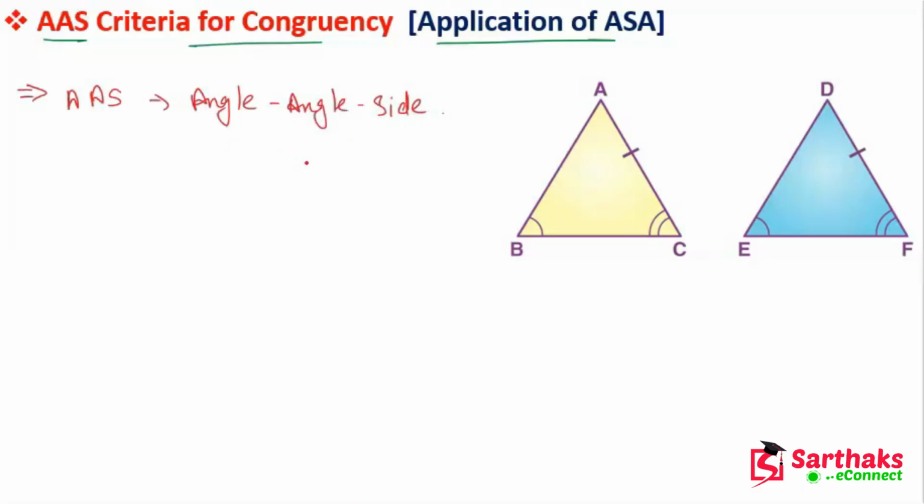So when two angles and a non-included side of a triangle are equal to the corresponding angles and a side of another triangle, then the triangles are said to be congruent. If you see in these two triangles, these two corresponding angles are equal and one side is equal.